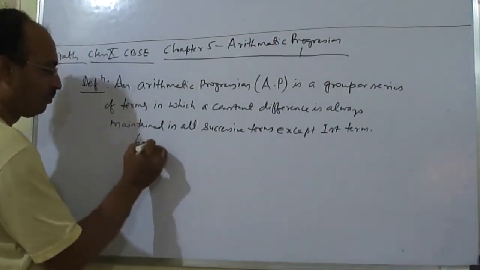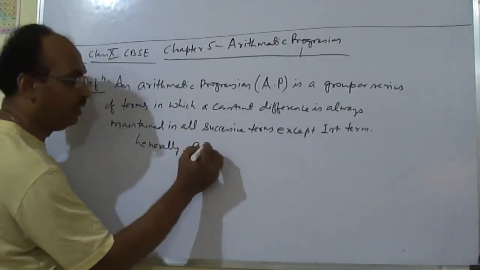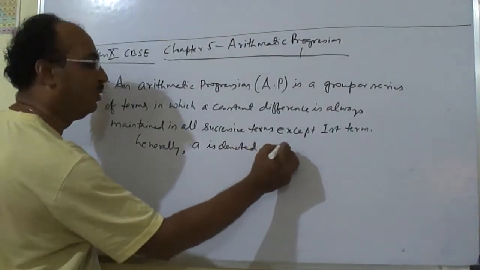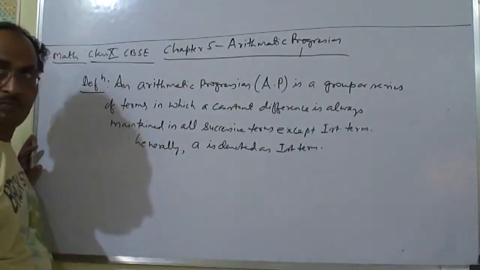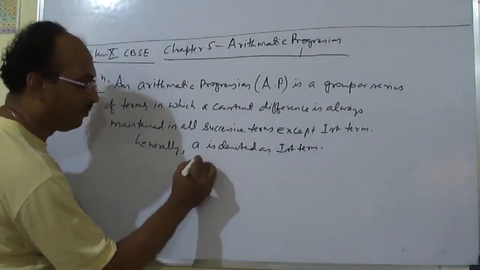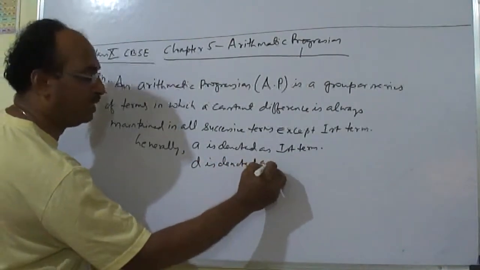Generally, A is denoted as the first term and D is denoted as the common difference.